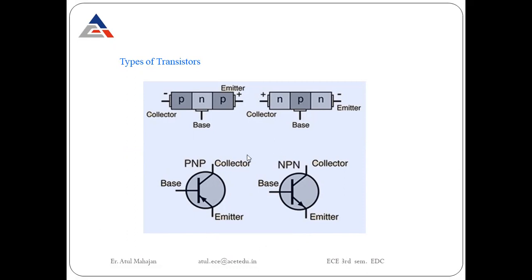Now we'll take just a small glance and then switch to the transistor current components in today's lecture. So these are the two types of transistors. Basically, we have the PNP and the NPN transistors. In a PNP, we have three terminals: emitter, base, and collector.